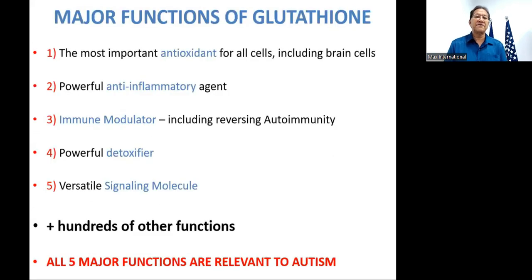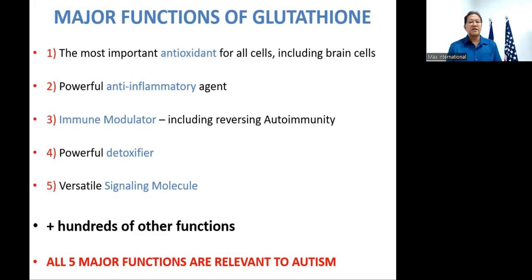These are the 5 major functions that are listed, and the list keeps getting longer. It all started with just one. It is the most important antioxidant for all cells, including brain cells. And then when the medical science moved to inflammation, it turned out that glutathione is one of the most powerful anti-inflammatory agents. Then look into immunity.